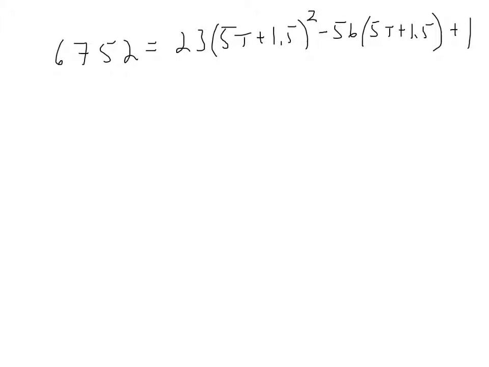The second part of this question asks us to find the time when the number of bacteria equals that number. So I expanded this, condensed it, and asked, when is this function equal to that number? It's a quadratic equation.